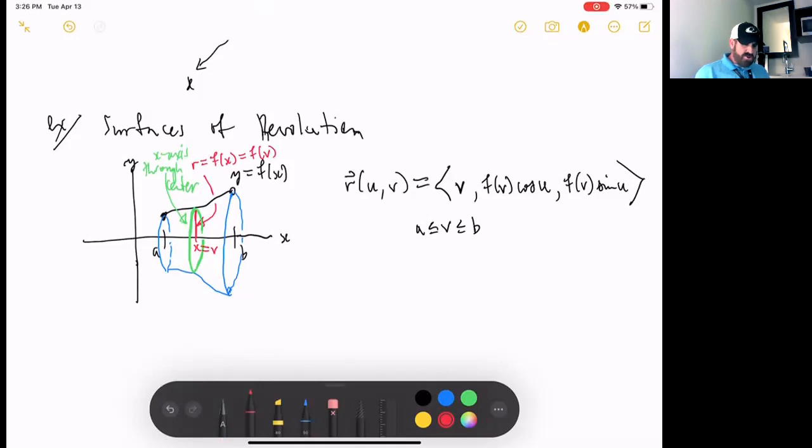And the parameter u is what moves us around those circles. So what are the values of u? Well, you don't have to write this down, but we'll go ahead and do that. 0 less than or equal to u less than or equal to 2 pi, just so that we don't wrap around the surface twice or something like that.